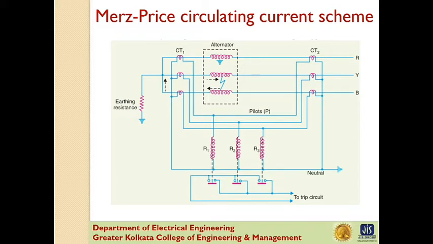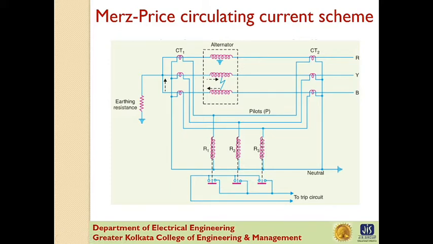Consequently, the relay operates to trip the circuit breaker. Now, if this coil is excited, it makes this plunger pull out in the upward direction, and this closes the contacts of the trip circuit of the circuit breaker, and hence the circuit breaker breaks the circuit.